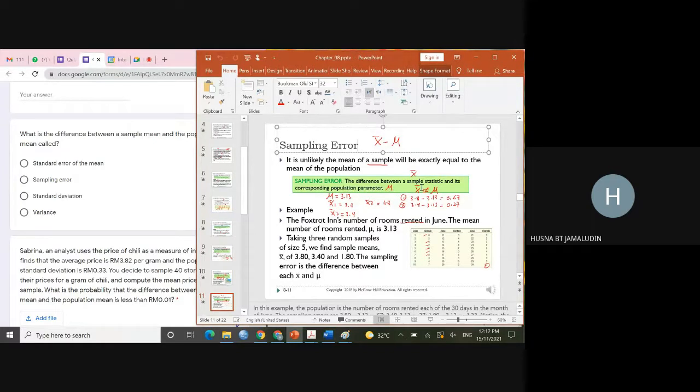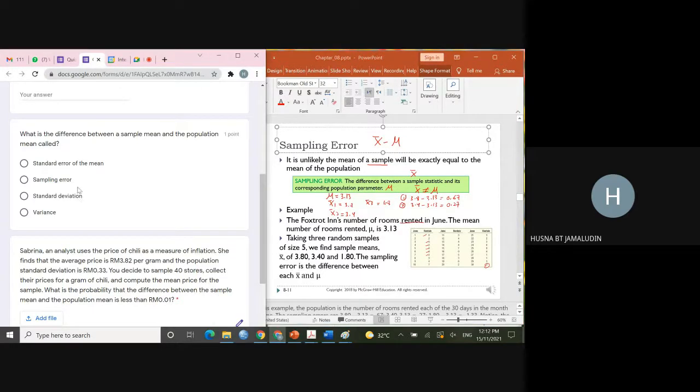Even though I mentioned in the video that the sample statistic is the sample mean, your X bar. So it is very direct, the same with your question. The way you look at it, I'm not sure. Many of them answered standard error of the mean, so I'm not sure why. It is there. It's just how you understand it.